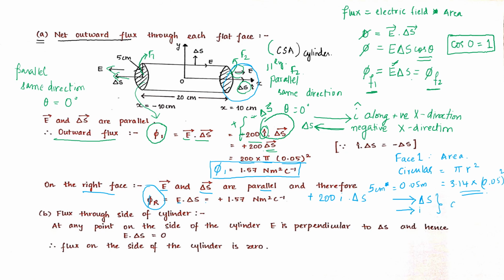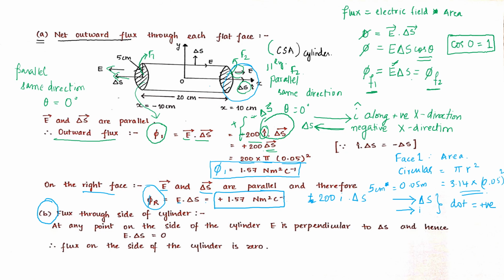So when we took the dot product, it comes out to be positive. Overall value is also positive. Hence we will get the same answer as flux of left phase, as the flux of F1. So this is the outward flux. There will not be any flux provided by the curved surface area. This we will see in this B option. Okay.